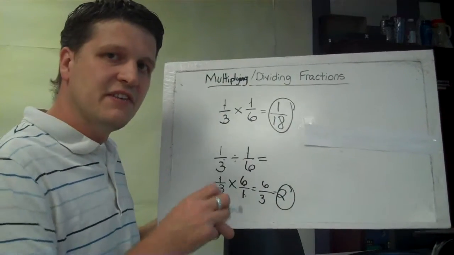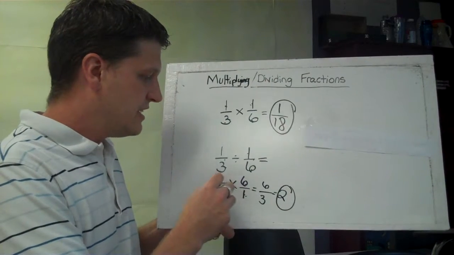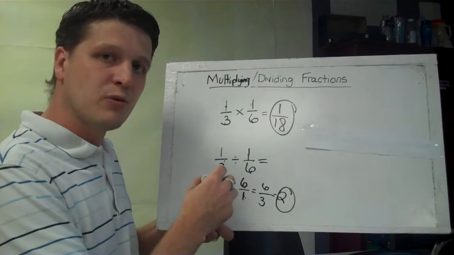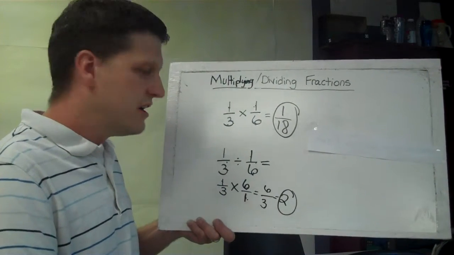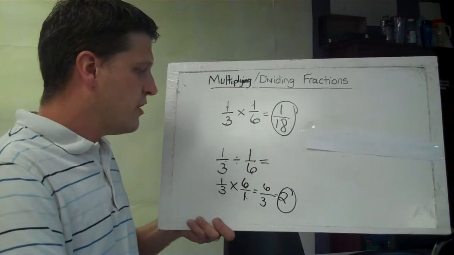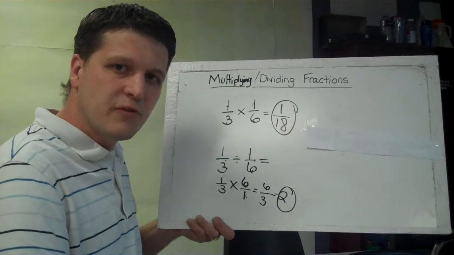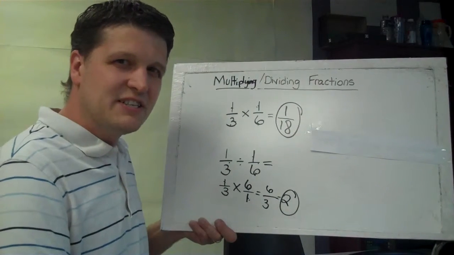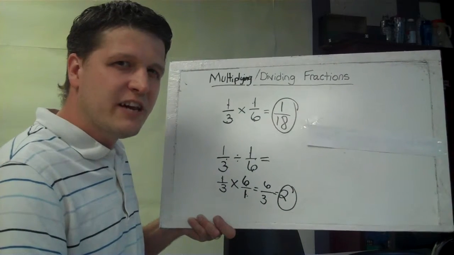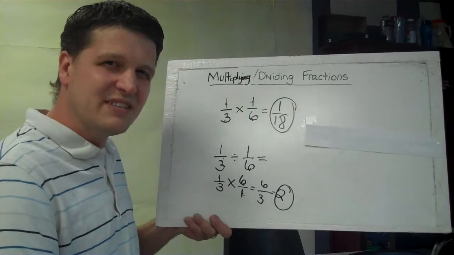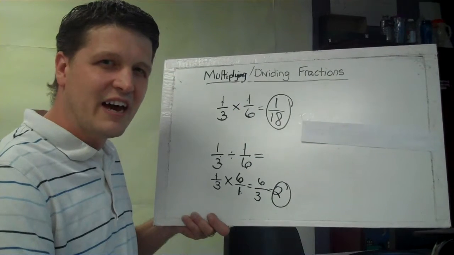The reason this is easier, multiplying 6 times 1/3 rather than dividing 1/3 by 1/6, is that if we did it the other way, we would have to turn it into decimal form. And anytime we turn things into decimal form and we're doing division, it gets kind of hairy and messy, and we have to worry about decimal placement and all that.